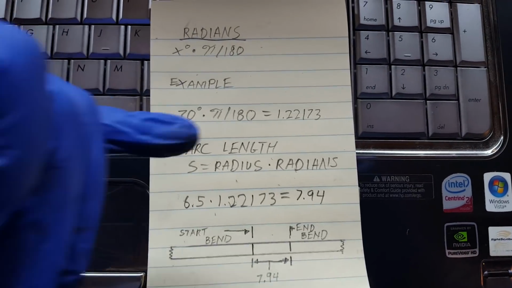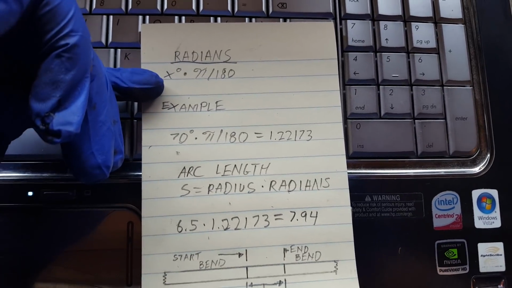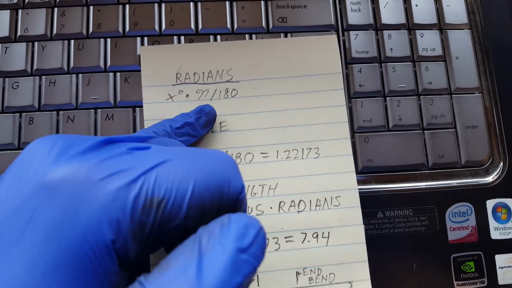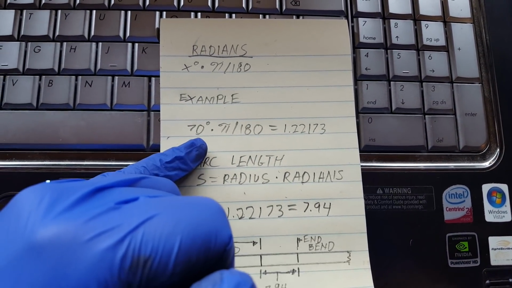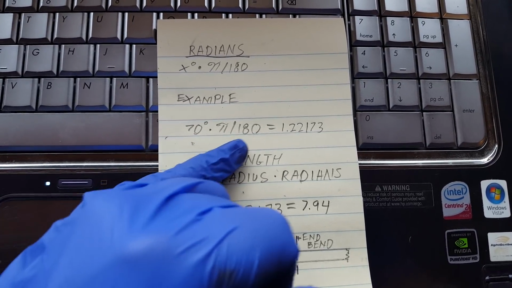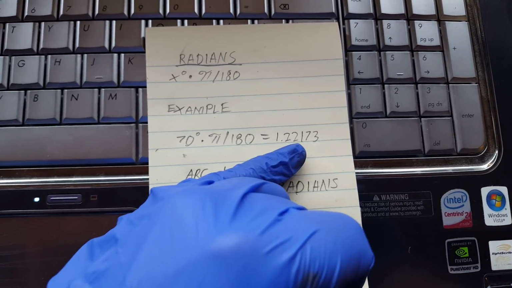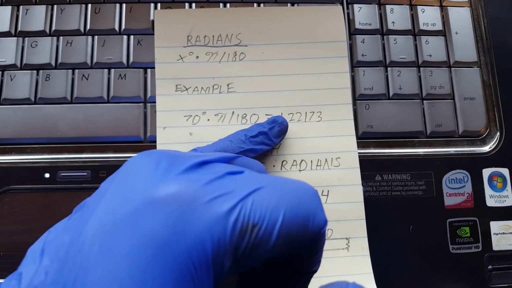So here we go. To find your arc length, you need to find the radians. The formula for radians is your angle times pi divided by 180. So an example would be our 70 degrees times pi divided by 180 equals 1.22173. That's your radians.